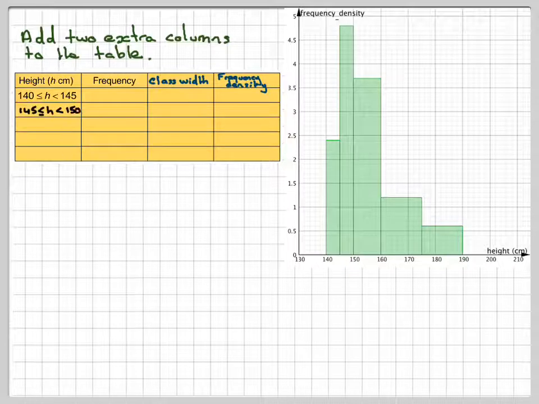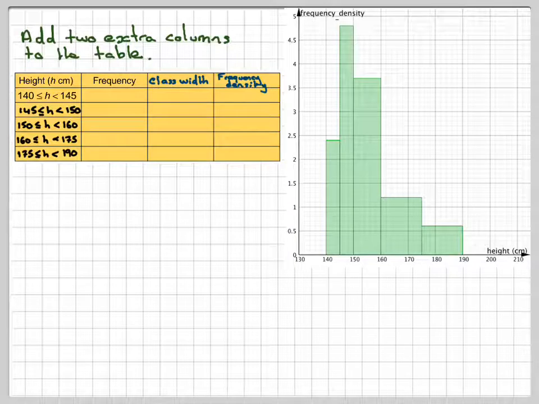So going along here, this is going to be 140 to 145, 145 to 150, 150 to 160, 160 to 175, and then 175 to 190.